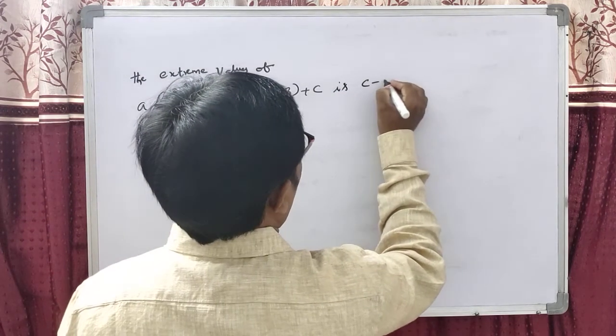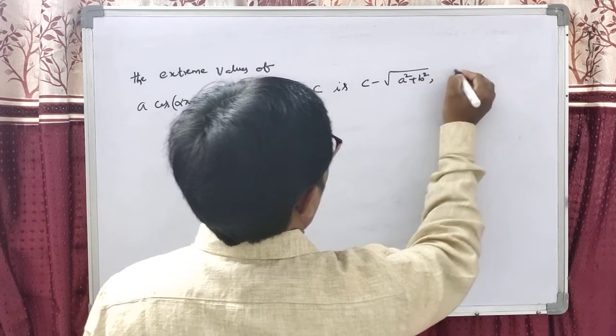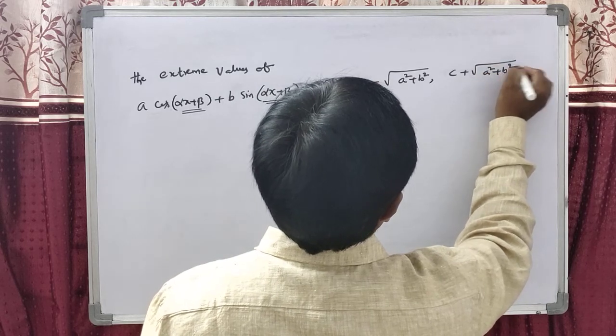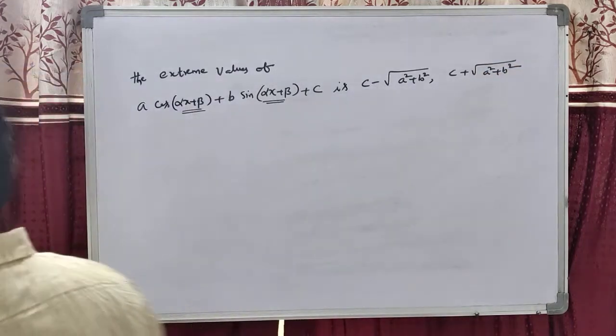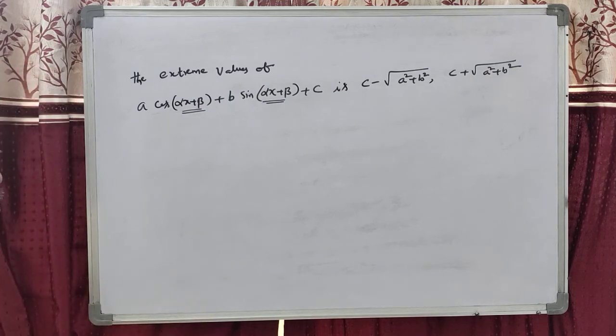We can simply write it as c − √(a² + b²), c + √(a² + b²). The extreme values of a cos(αx + β) + b sin(αx + β) + c are c − √(a² + b²) and c + √(a² + b²).